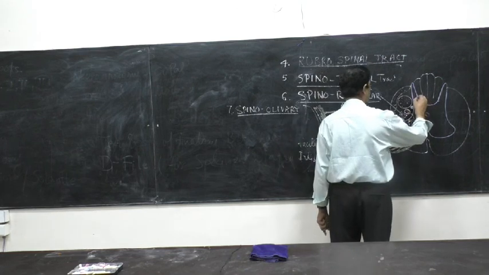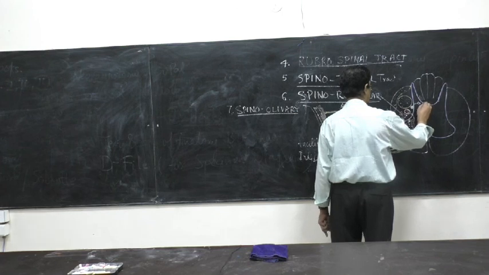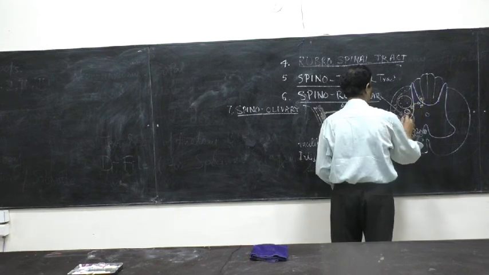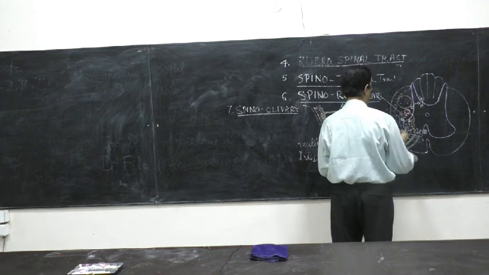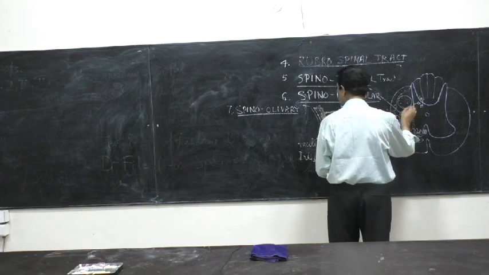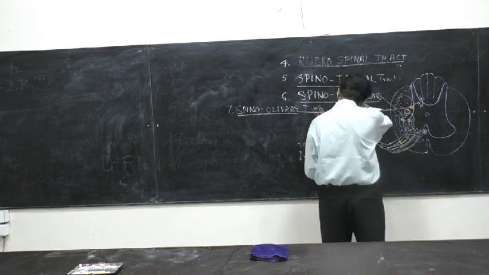A few of the tract fibers also ascend with the dorsal column, or posterior column. So this is the spino-olivary.